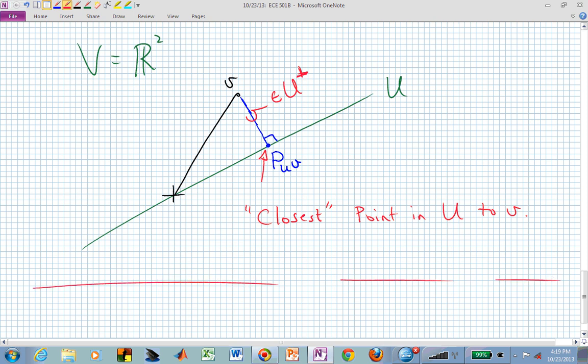If we want to minimize the distance of a vector in U to some other vector that's outside of U, then we want to find the orthogonal projection of that other vector onto the subspace U.